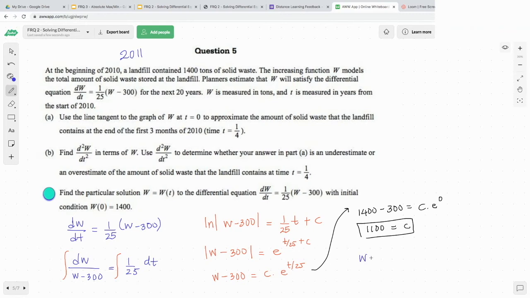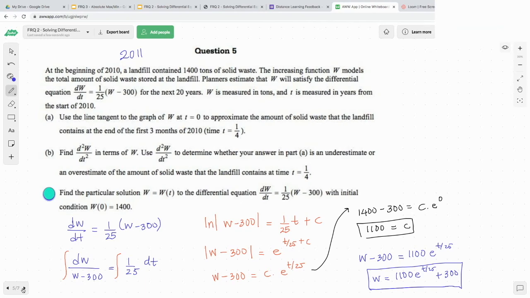So this is going to be w minus 300 equals 1100 e to the t over 25. So w equals 1100 e to the t over 25 plus 300. Okay, this is going to be your answer.